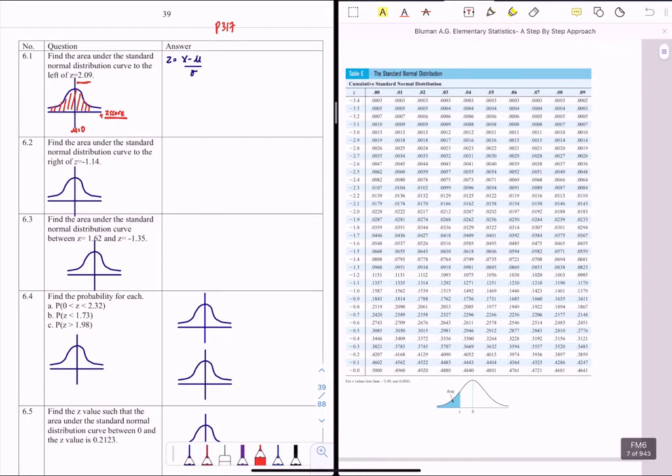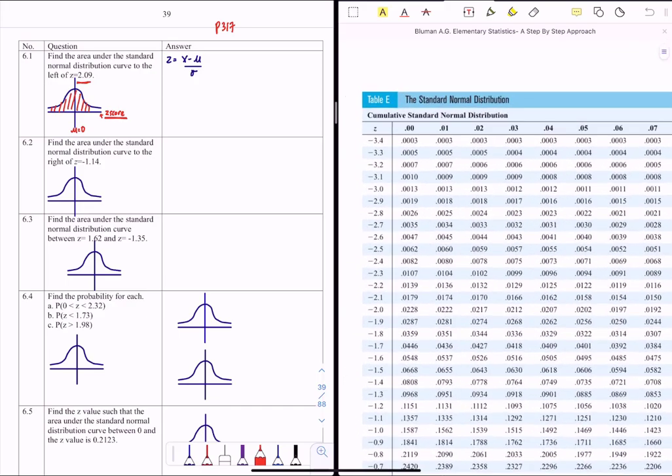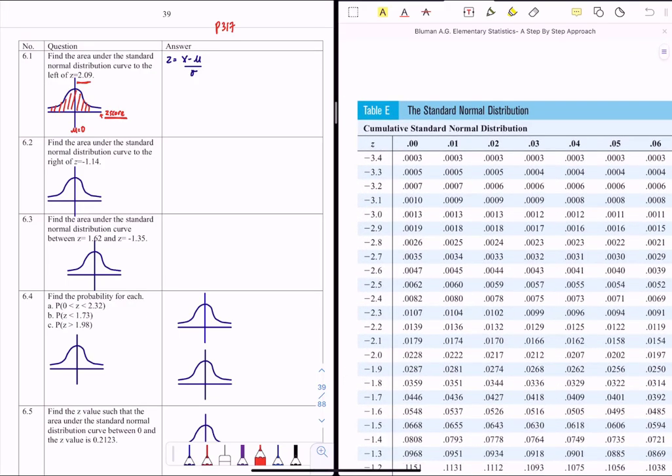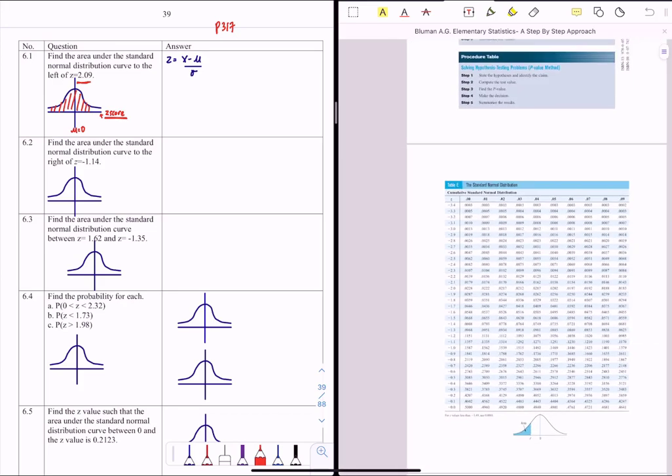This table you can find in the Alan G. Bluman textbook. But for this one, I'm using the 8th edition, because in the 8th edition I find the table. I'm not really sure about the 9th edition. You can check lah. Jadi for this one, we are using table E.